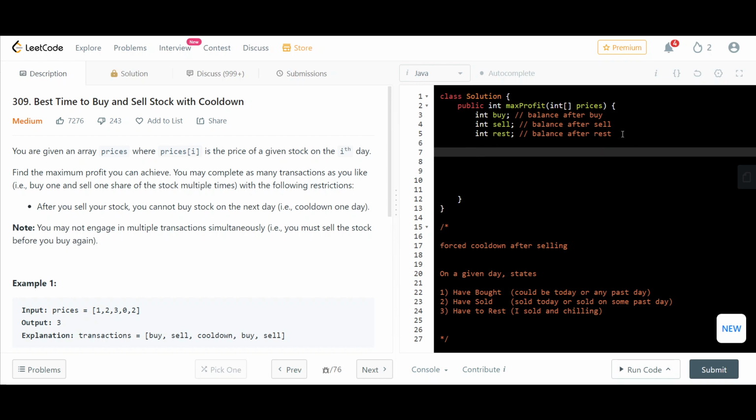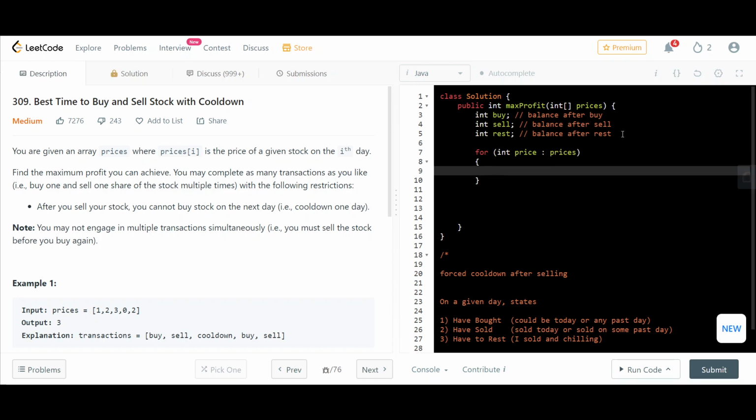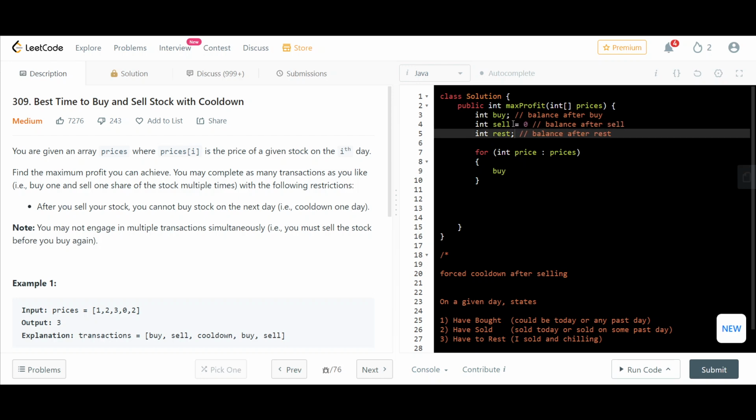So now we go through each and every day. You can initialize sell to zero, which is fine, and rest you can initialize to zero. Buy I'll initialize to a large negative value.